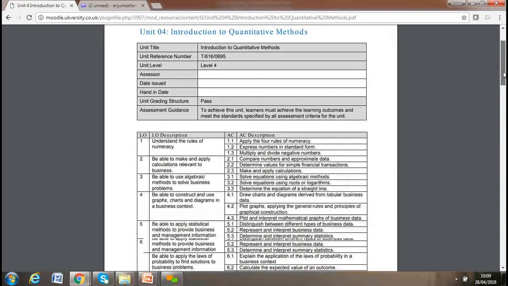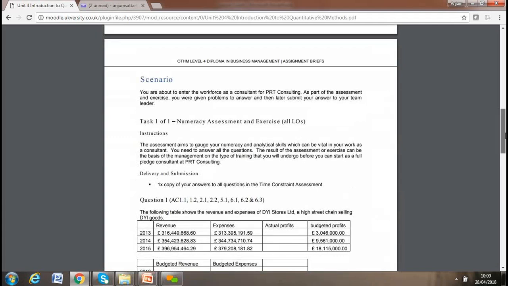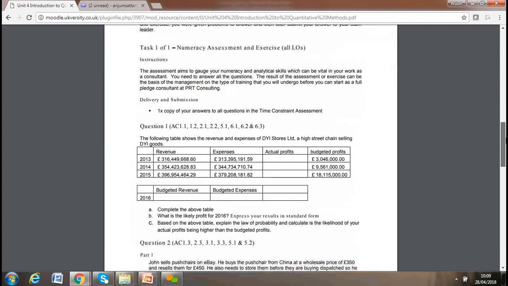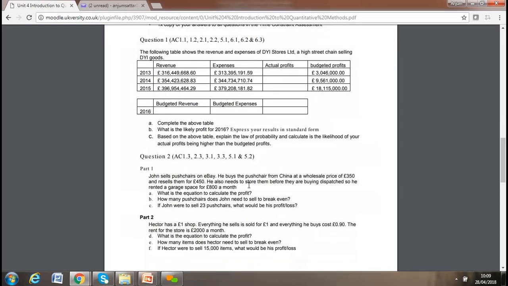Introduction to quantitative methods. And if I look at task 1, the assessment aims to gauge numeracy and analytical skill. So first we need to calculate our profit, actual profit, expected profit. That's your question 1. In question 2, we need to calculate the profit and break even. When I look at my learning outcome, break even is not given as something I'm supposed to teach. So that's why I picked break even. If you don't know the concept, you can't do the question properly.